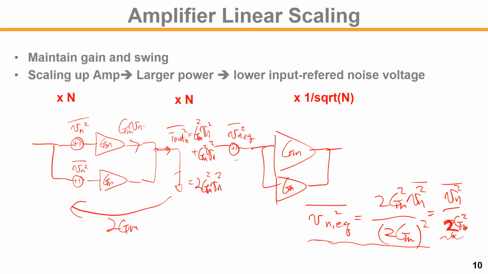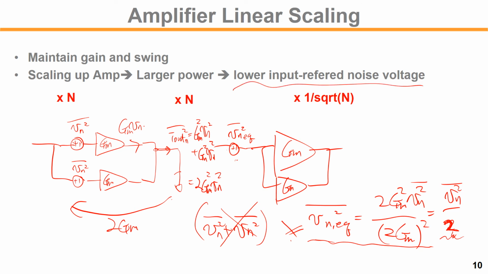So as you can see, this input reference noise is not same as Vn square plus Vn square like this, right? So over 2. This is something that you have to consider. So scaling up amplifier reduces the input reference noise. Okay, so I hope you understand better for this kind of thing. Okay, thank you.